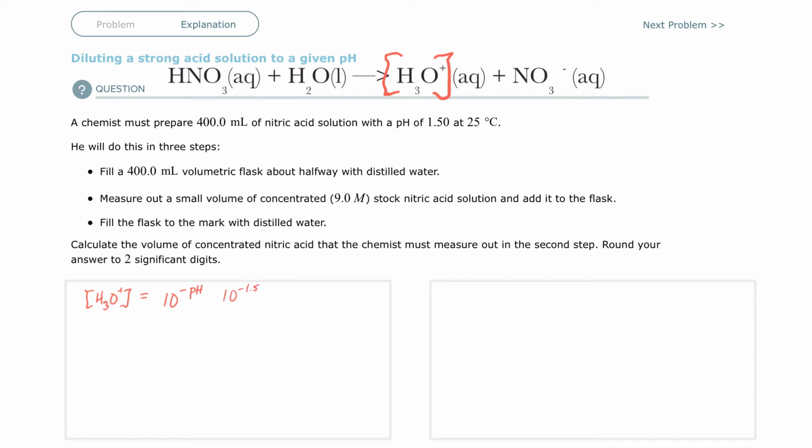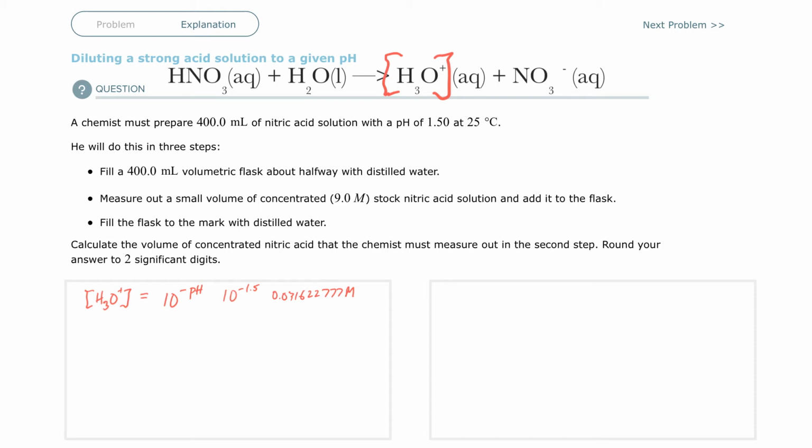On your calculator, put in 1.5, give it a negative sign, and then hit the inverse log button, or the second function log button, the 10 to the x key, and you will get 0.031622777 molar. That's the molarity of that concentration.